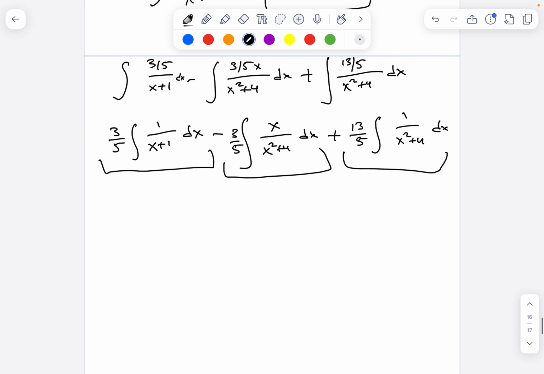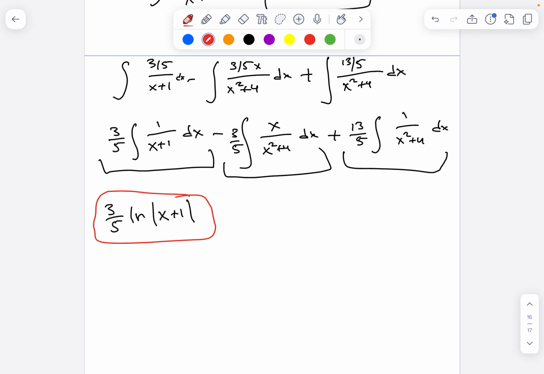So our first integral just becomes 3/5 ln of x plus 1. So that's our first one right there. For our second integral, we're going to have to use u substitution. I'm going to let you try the u substitution on your own.